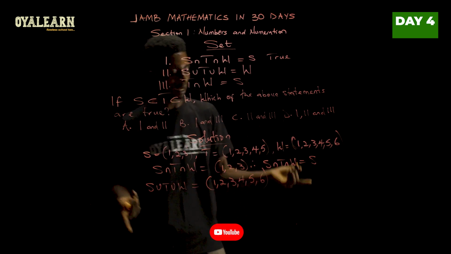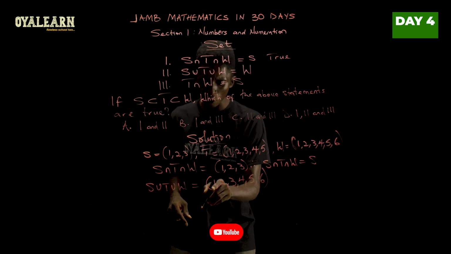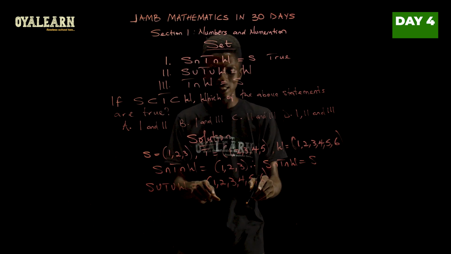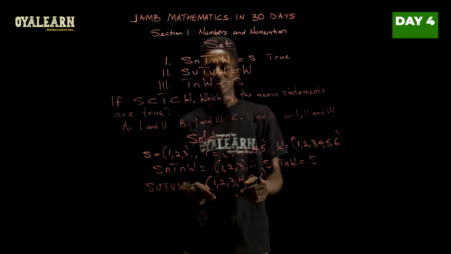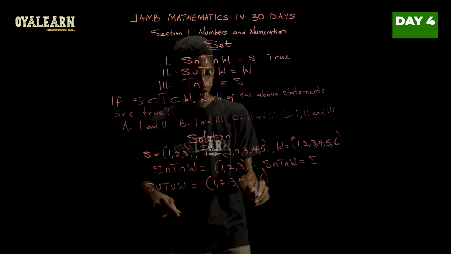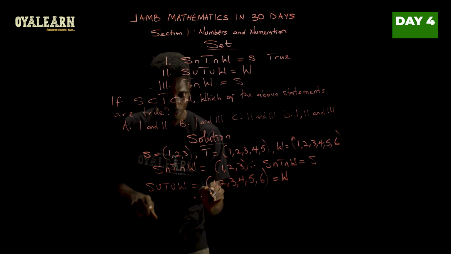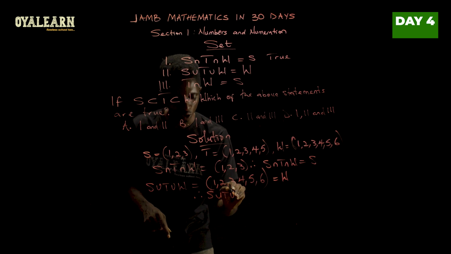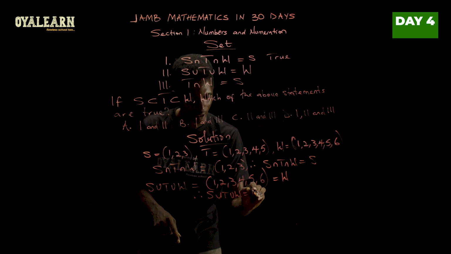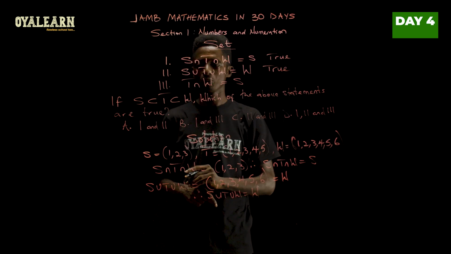That's everything combined. You cannot repeat any one of them. And if you consider 1, 2, 3, 4, 5, and 6, you see that they are all the elements that you will find in subset W here. So we can say this is W. Therefore, S union T union W is W. So the second statement is also true.